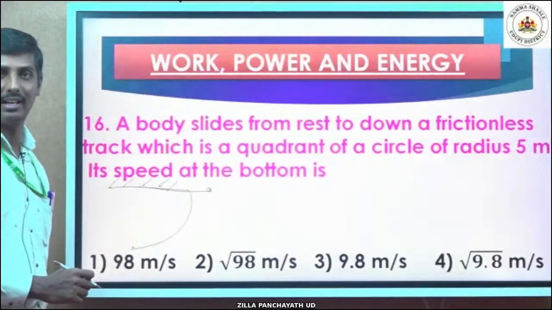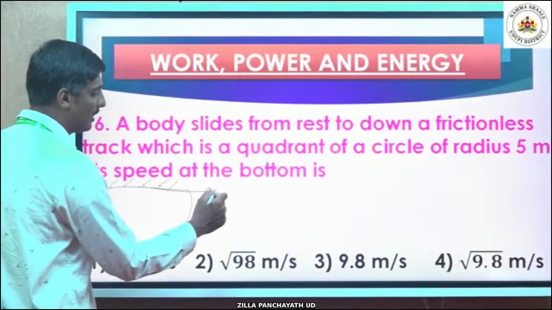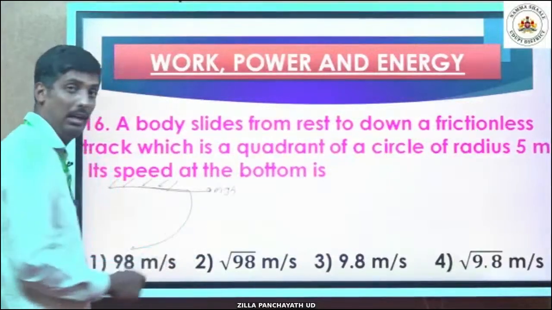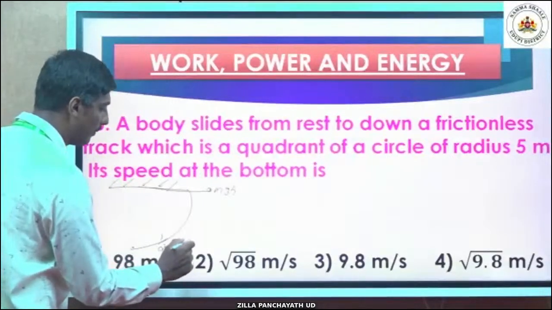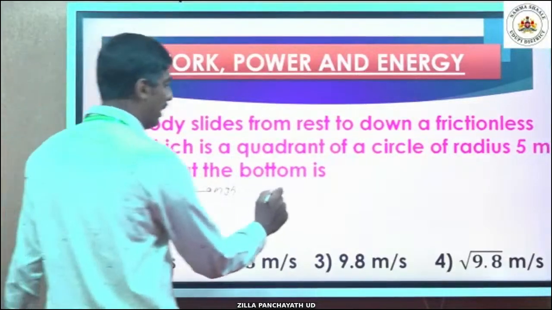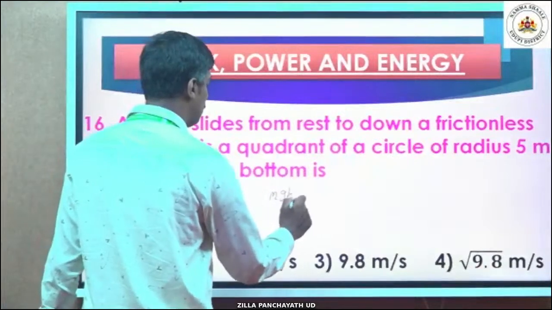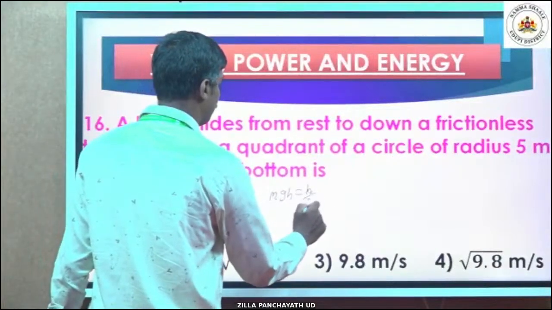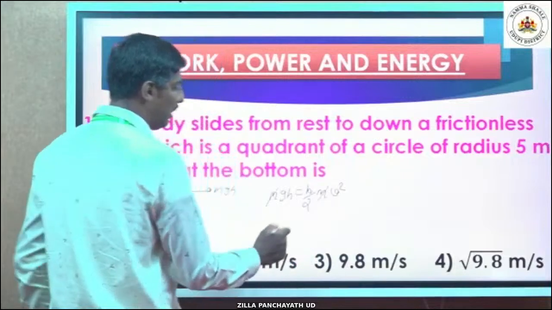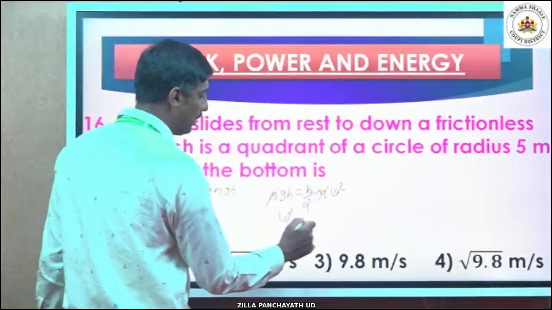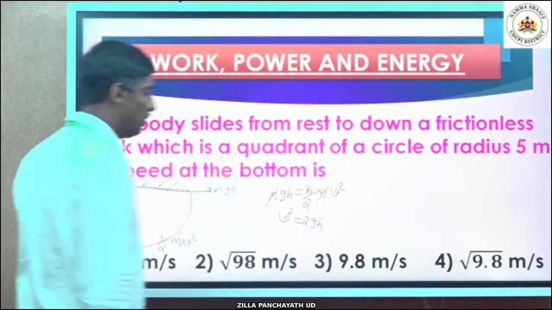ಇಲ್ಲಿ ಬಂದಾಗ ಸ್ಪೀಡ್ ಎಷ್ಟು ಅಂತ ಕೇಳ್ತಾ ಇದ್ದಾನೆ. ಏನ್ ಮಾಡ್ತೀವಿ ನಾವು ಇದನ್ನ? ಸೊ we take this as mgh, and here I want the speed which is nothing but half mv square. So mgh is equal to half mv square, m gets cancelled, so v square is nothing but 2gh.